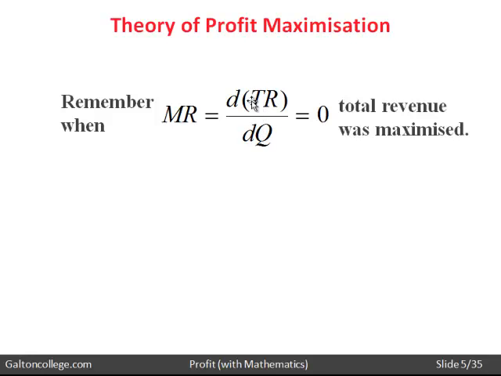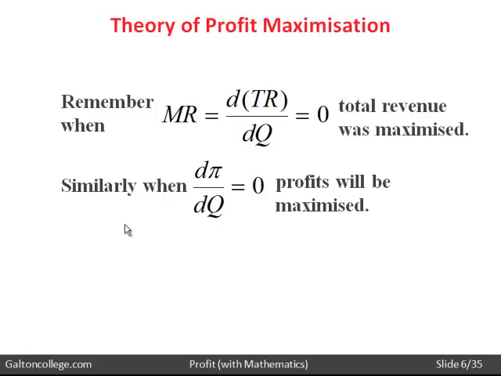And in calculus, we set that equal to 0 when we want to maximize a function. So when we differentiate an expression and set it equal to 0, we're looking for it to be maximized or minimized, depends. But in this case, we're looking to maximize it. We want to maximize profits, not minimize profits. So that's the way we would write it. Obviously, to understand that fully, you should have some basic knowledge of calculus.